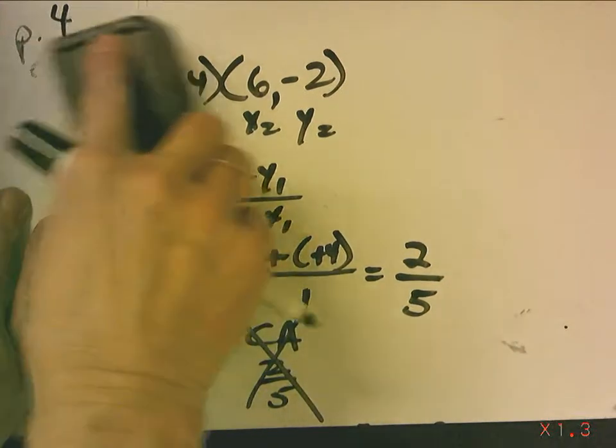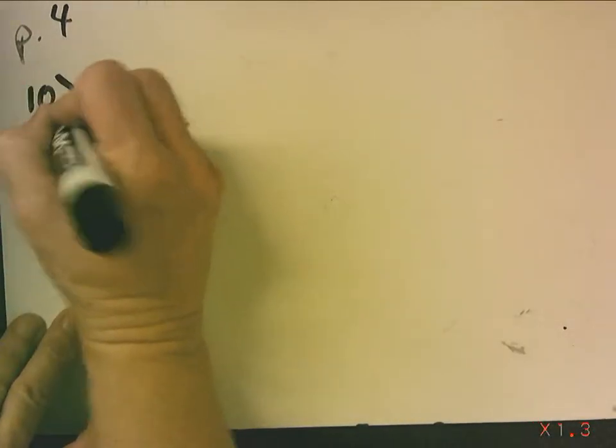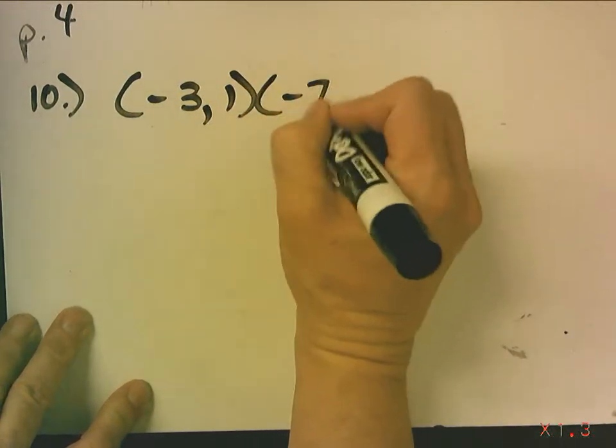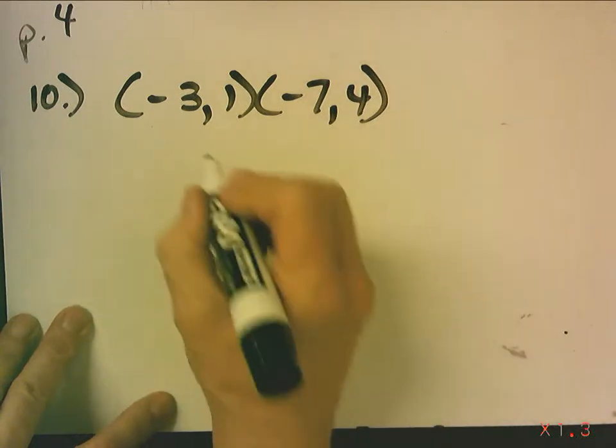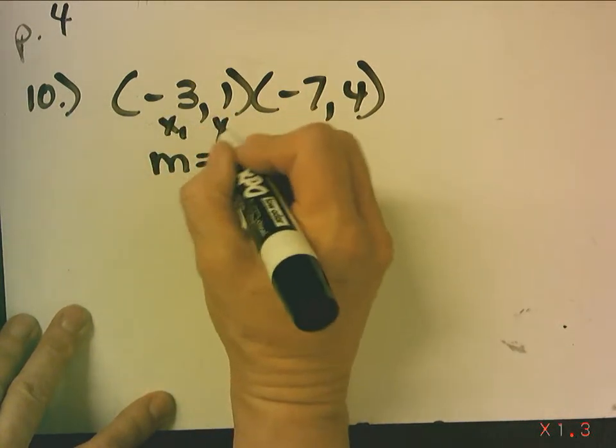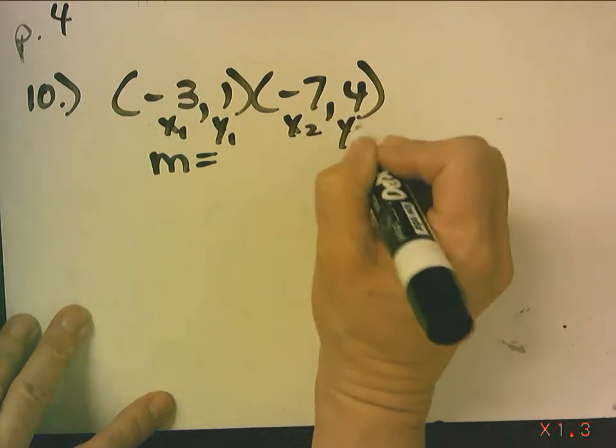And the last one we'll do together is number 10. And number 10 is negative 3 comma 1, negative 7 comma 4. m equals x sub 1, y sub 1, x sub 2, y sub 2.